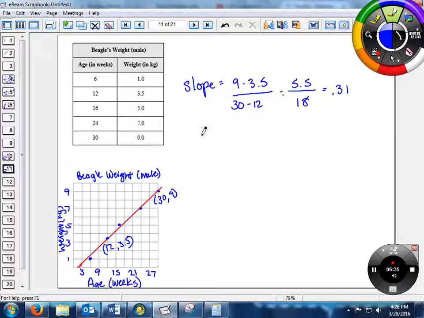Okay, to find my y-intercept, I need to first write my equation. I'm going to use that coordinate 12 and 3.5. So 3.5, my y, equals 0.31 times 12 plus b. 0.31 times 12 is 3.72.